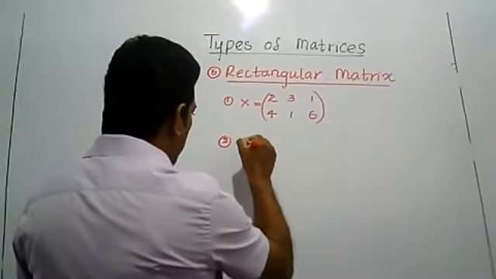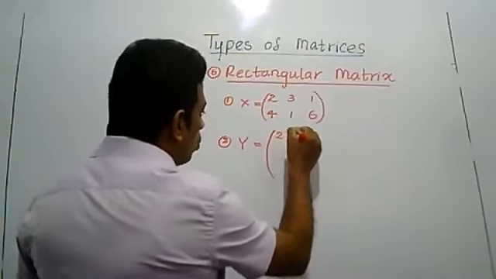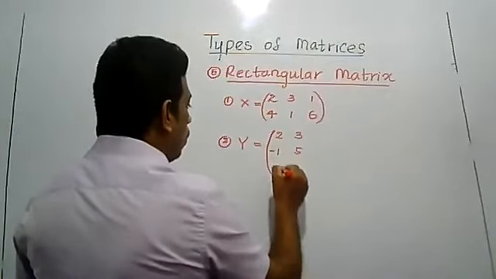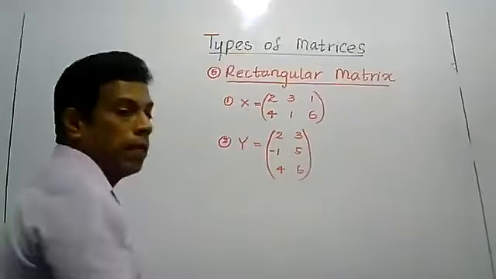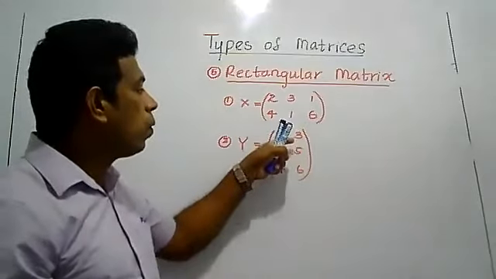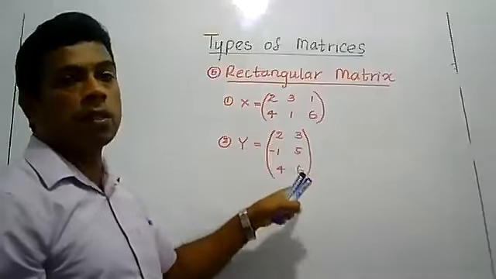Example 2, Y. The capital letter represents the matrix here. 2, 3, minus 1, 5, 4, 6. That is also a rectangular matrix because the number of rows of the matrix is 3, the number of columns is 2.